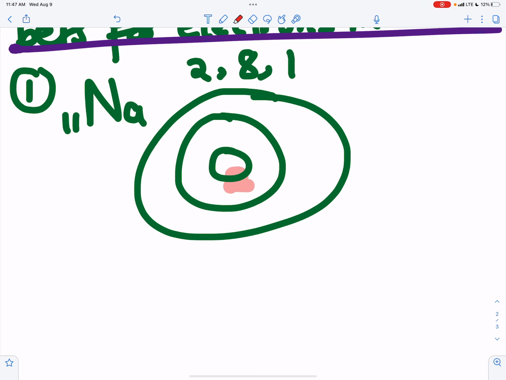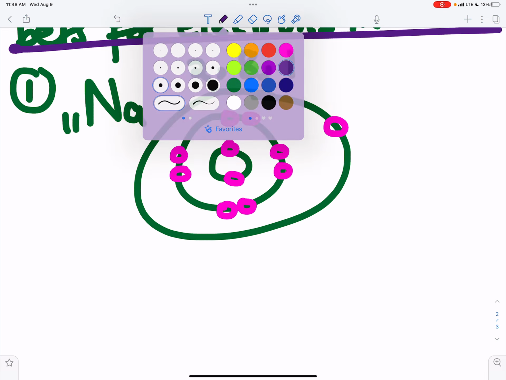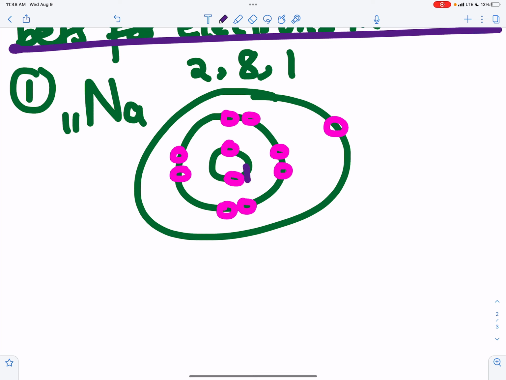The first shell is the K shell, the second shell is the L shell, and the third shell is the M shell. We can also call them shell 1, shell 2, shell 3. Any one of these is okay.